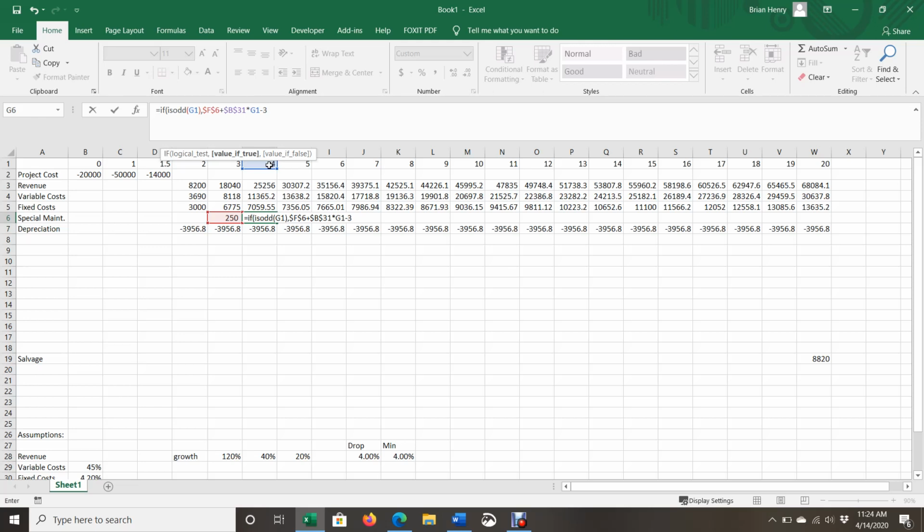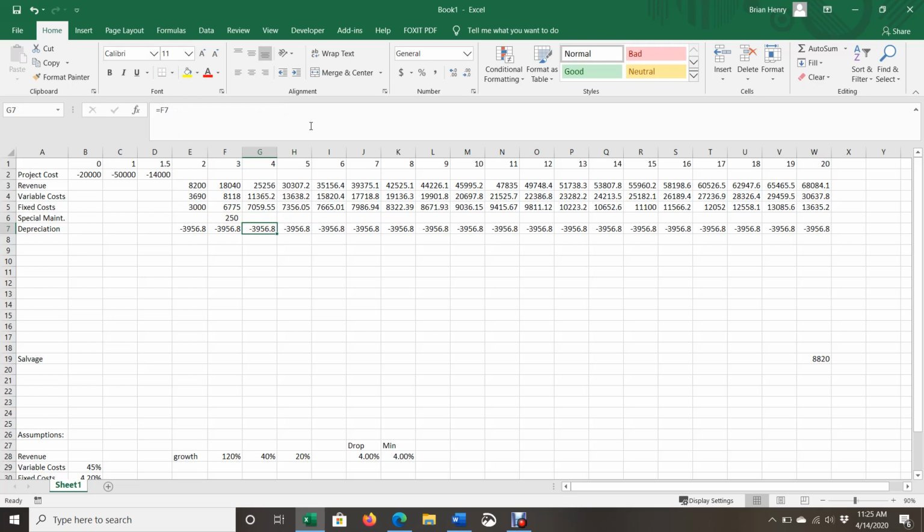This minus 3 and half. Is that going to do it right? This isn't the only way we could do it. I'm sure if I thought through it, I could do it another way. But that way, when it's 5, it'll be 5 minus 3, which will be 2 divided by 2 is 1. 7 minus 3 divided by 2 is 4 divided by 2, so that'll be the second. So that should do it. And value if false is nothing. We don't want anything if it's not odd.